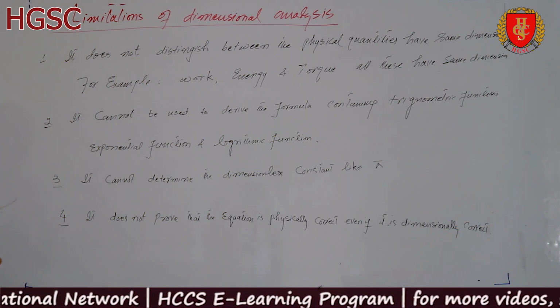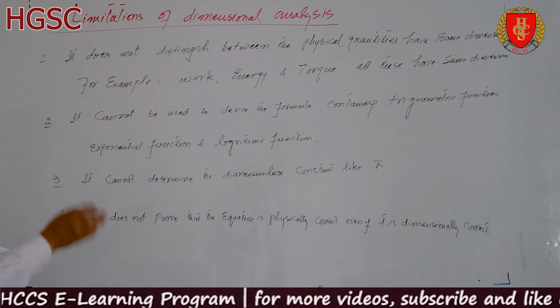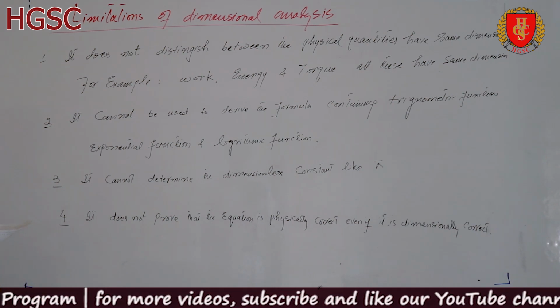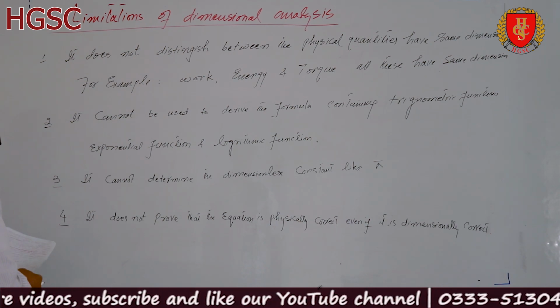For the simple pendulum, T is equal to constant root L upon g, this is dimensionally correct, but physically there must be 2 pi, then that will be the correct equation. So it does not prove that the equation is physically correct even if its dimension is correct.